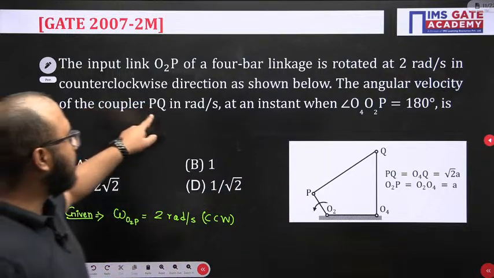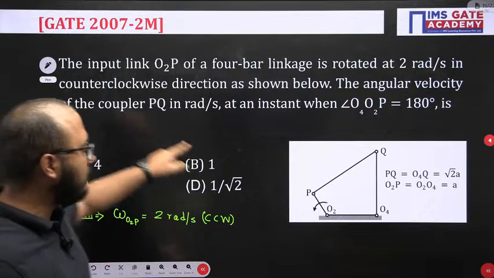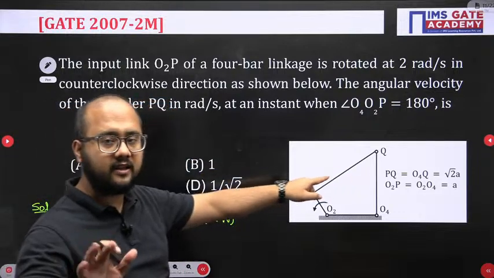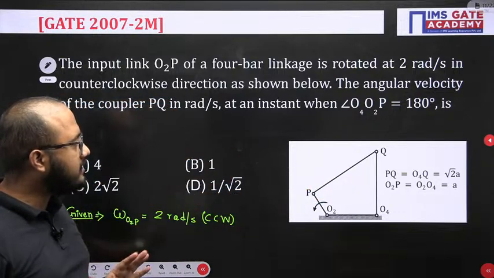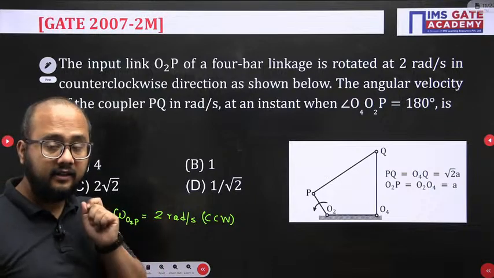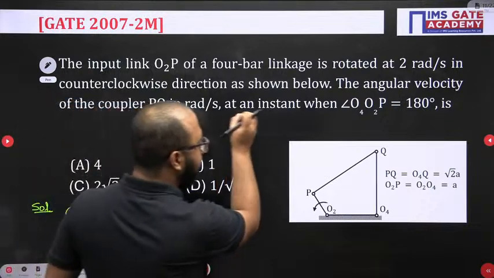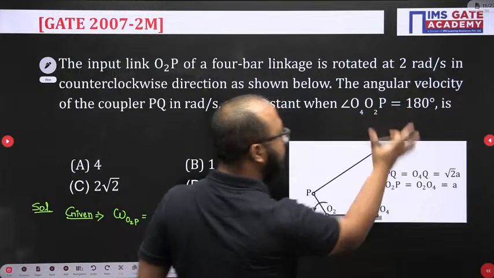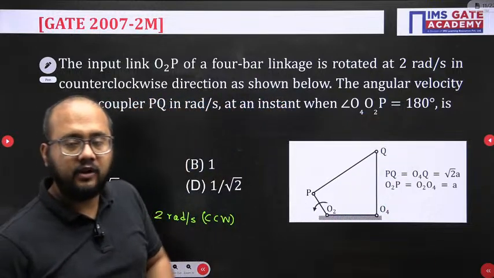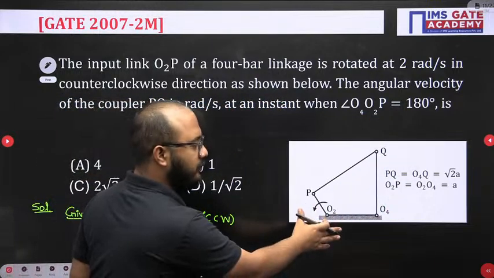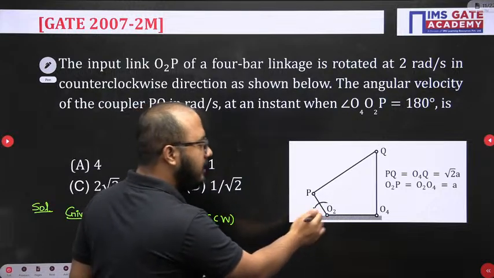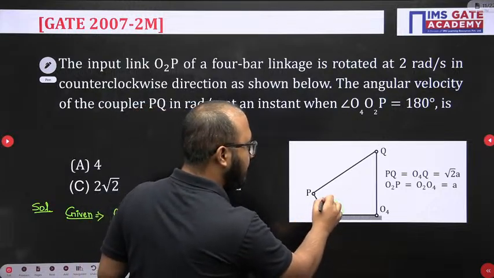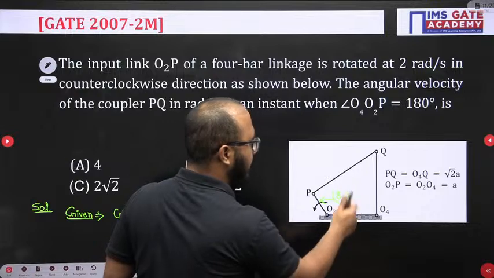They are asking the angular velocity of the coupler PQ, I have told you what a coupler is also. But remember, it is at an instant when angle O4 O2 P is 180 degree. We don't have to find it for this position. We have to find it when this particular angle is 180 degree.